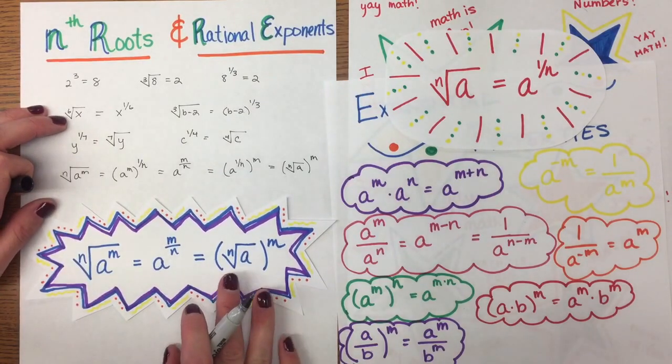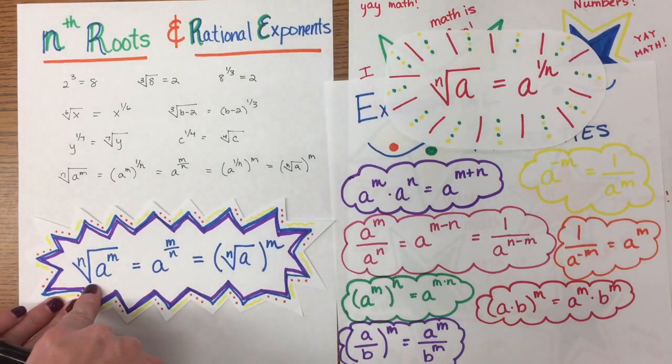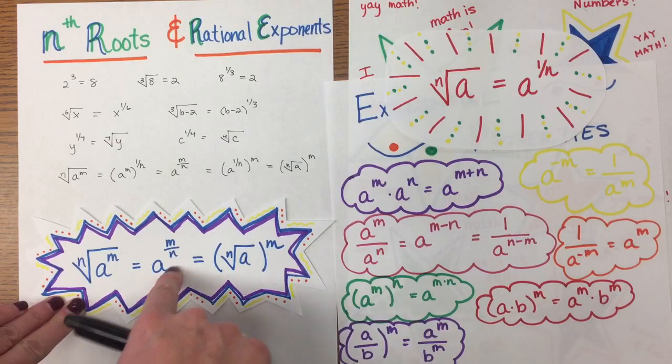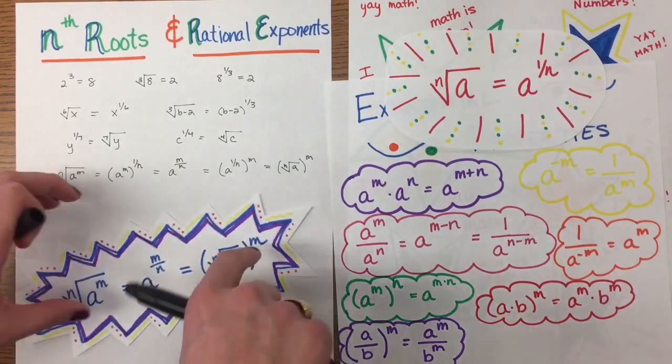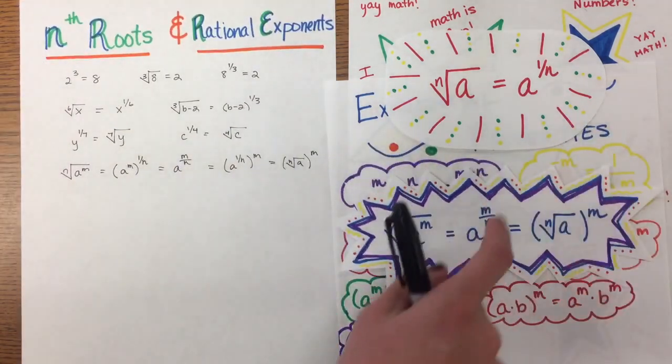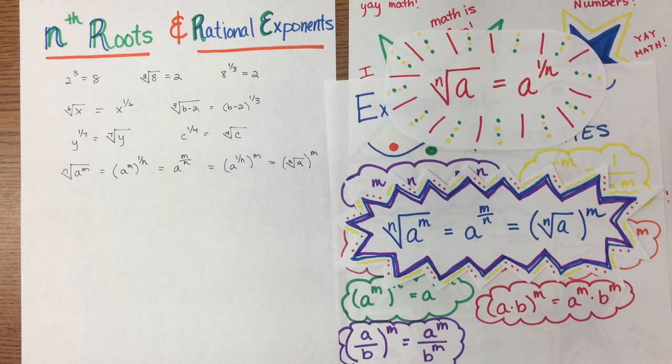So basically, I've just worked through going from this nth root to a rational exponent and back to this nth root. So I can use this in a lot of different ways.